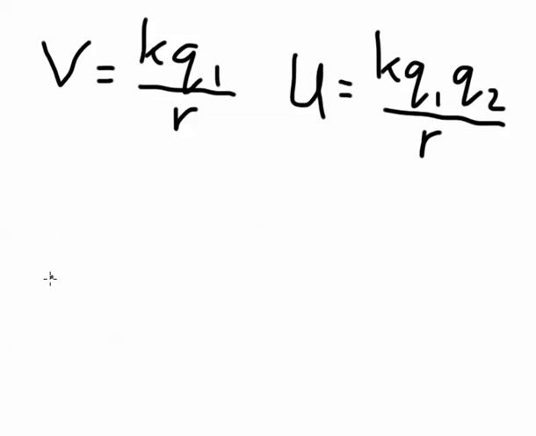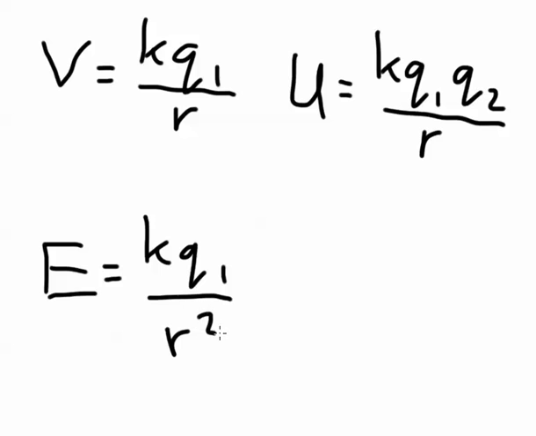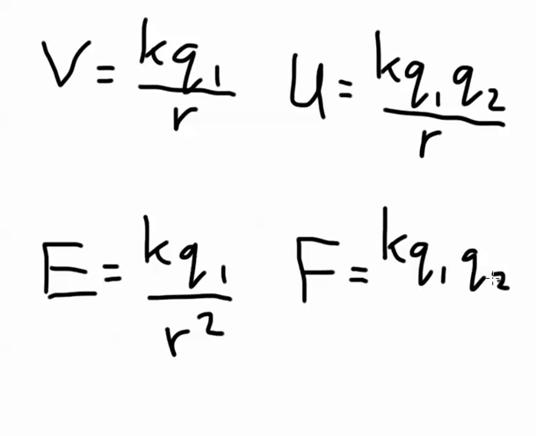And we know that the electric field, which is the slope of the hill, is k q1 over r squared. And finally the force, which is how much the electric field pushes on a test charge, is k q1 q2 over r squared.